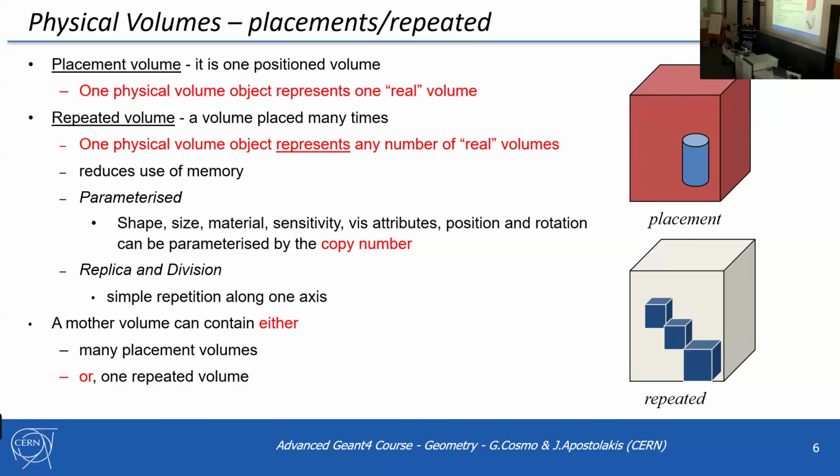So it means that every time you create a placed volume, the class G4PVPlacement, you create an object in memory that represents that volume in that specific position. The other concept is a repeated volume, so an object that represents many volumes placed in different parts of your detector as a single object.